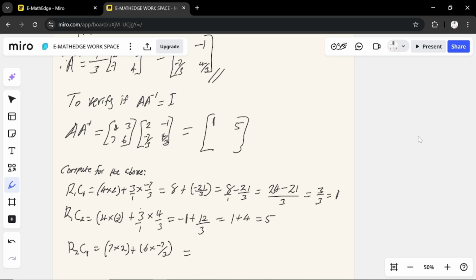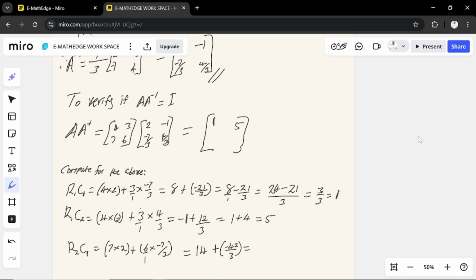Such that 7 multiplied by 2 is going to give us a single value, 14, plus, let's deal with this fraction, 6 multiplied by negative 7 all over 3, such that 6 multiplying negative 7 is going to give us negative 42, all over 1 multiplying 3 is going to give us 3.